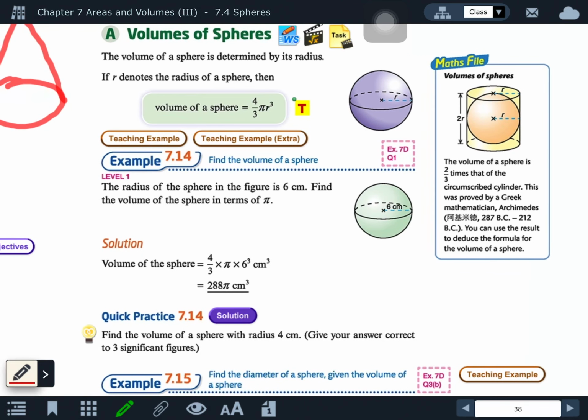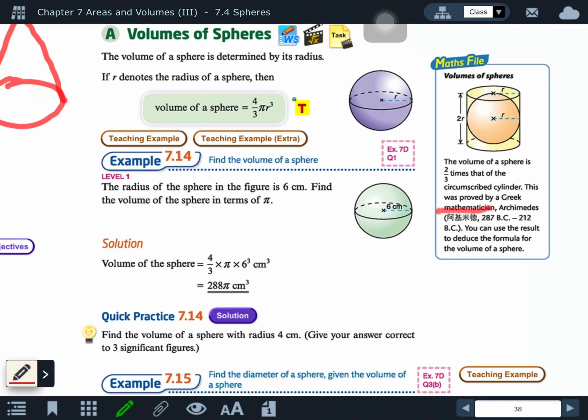Actually, there was a famous mathematician before, who discovered that the volume of a sphere is 2/3 times that of the circumscribed cylinder. So, how does this formula come about? We just prove it.